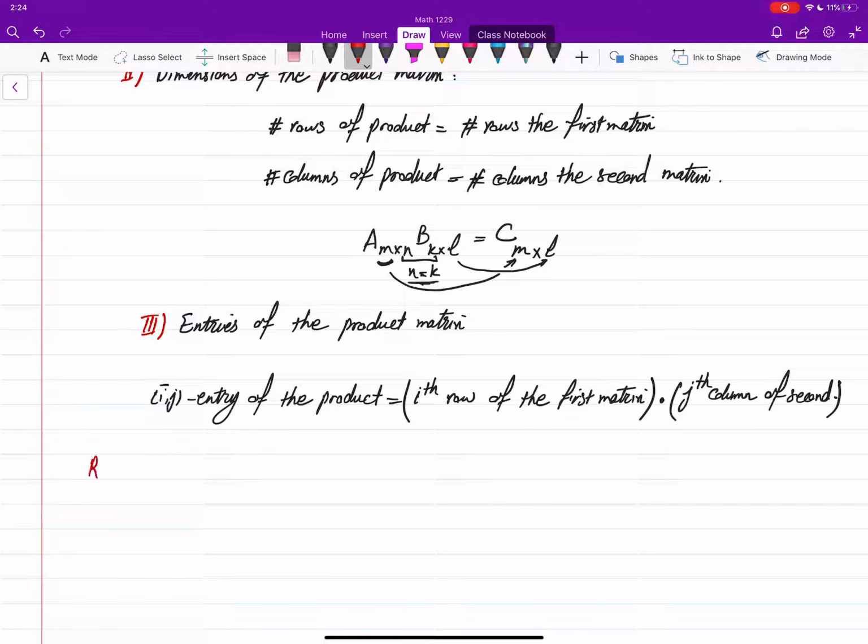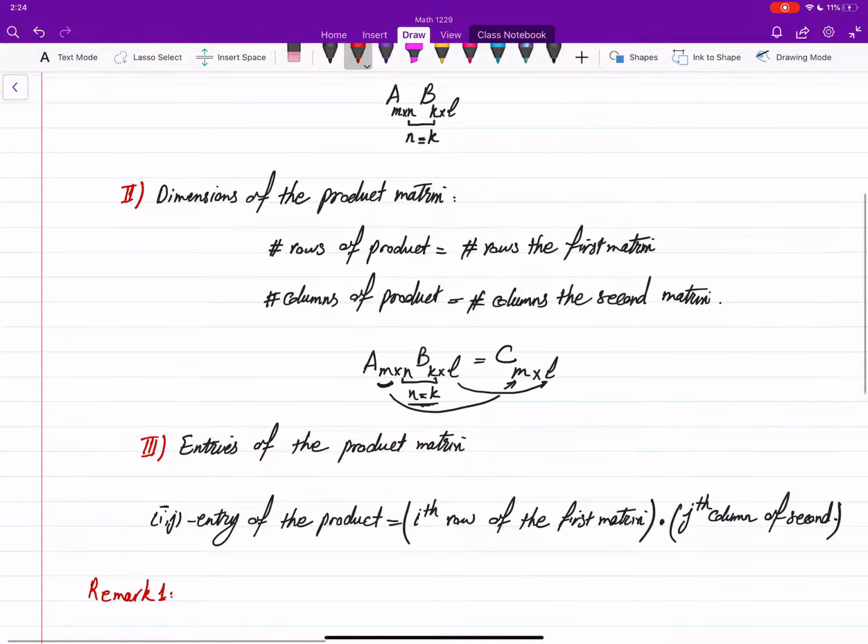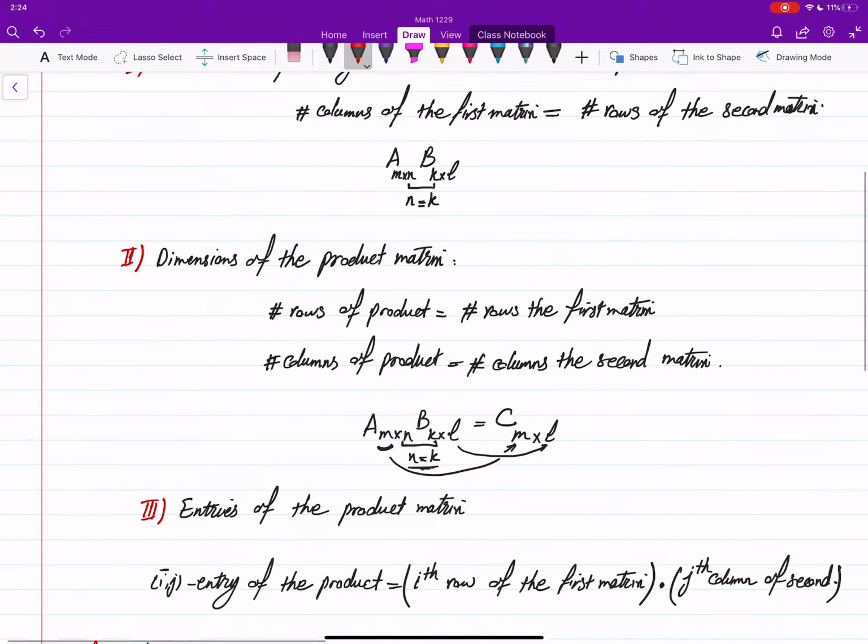Before I go for the examples, let's do some remarks. First remark is that if the compatibility doesn't work, the product is not defined.